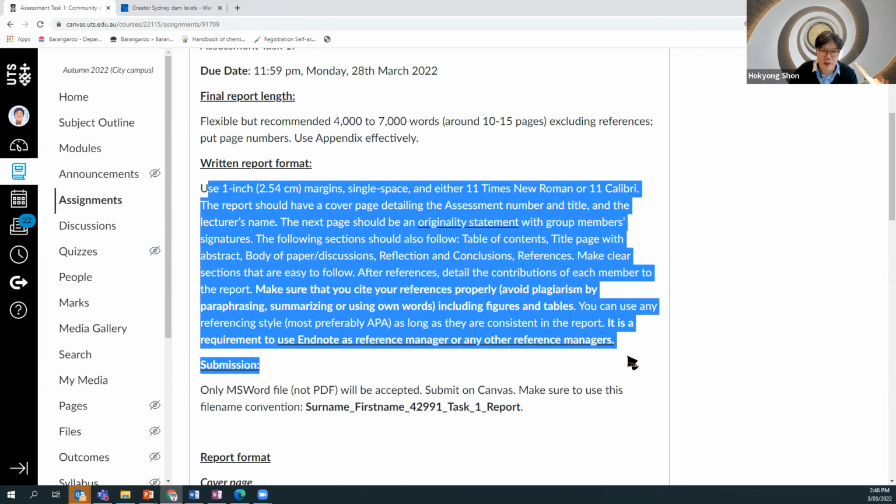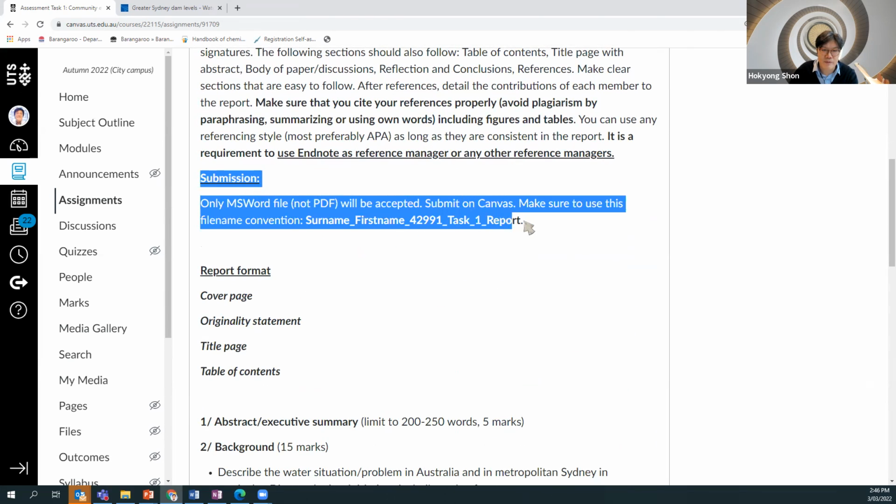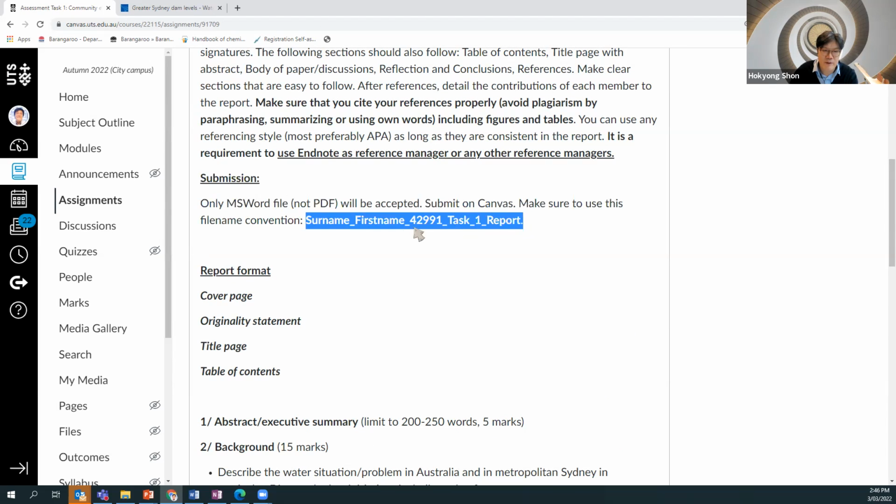So what's the requirement? You also need to use a submission format. Your file name is surname, first name, 491 task 1 report. We want to make sure that you have good feedback.